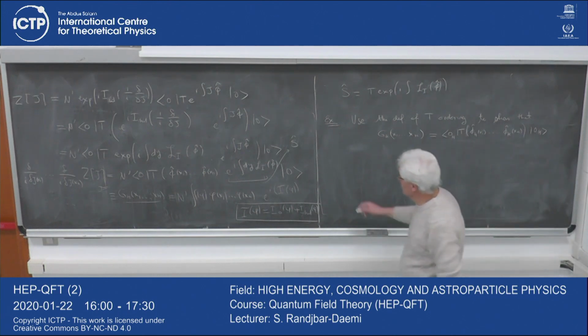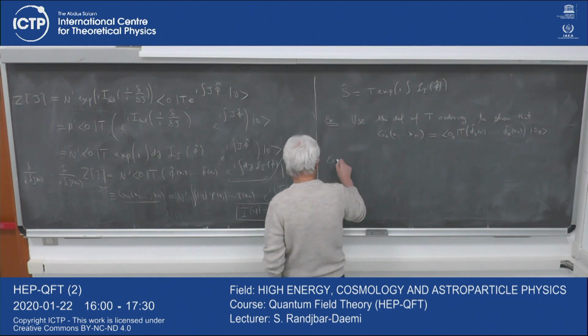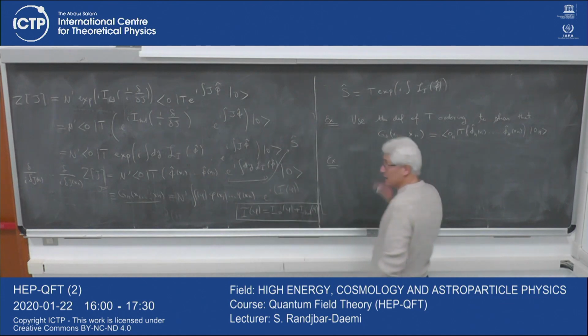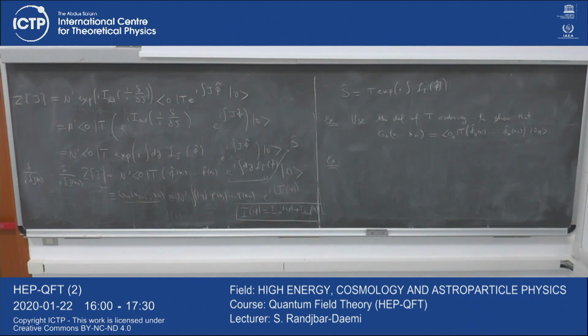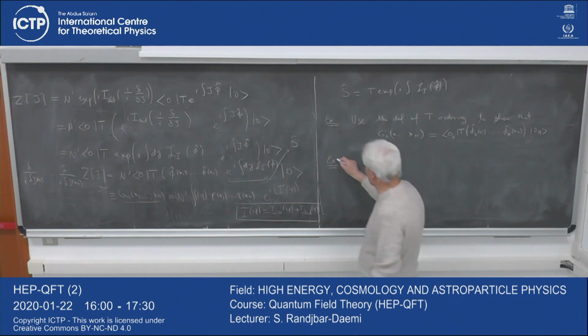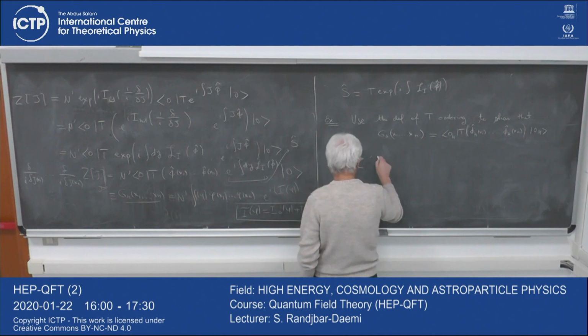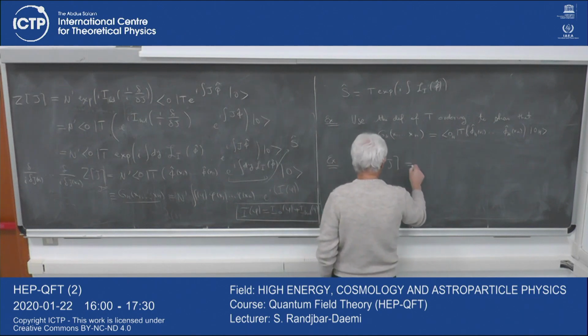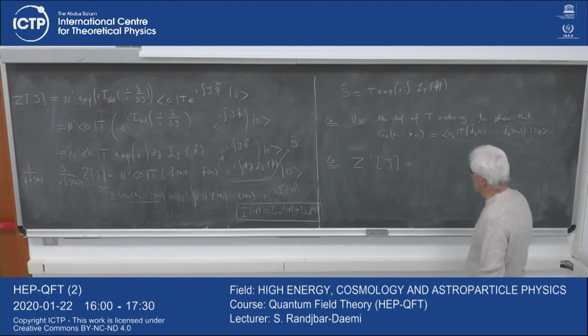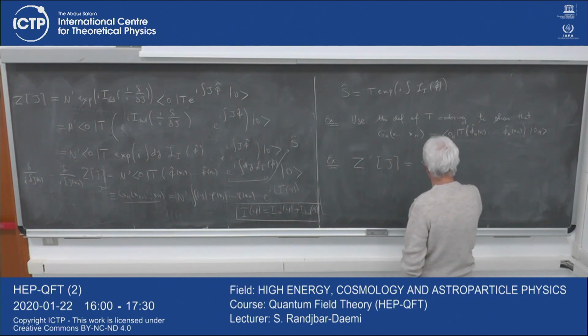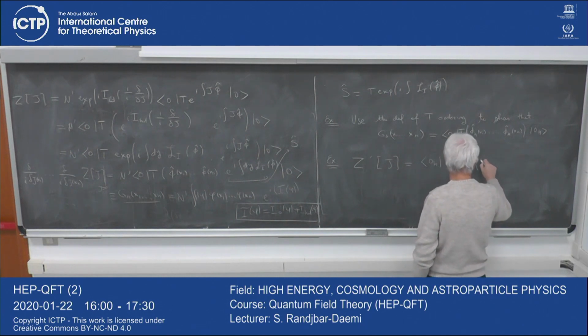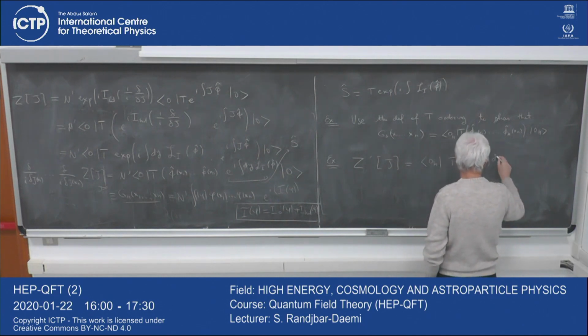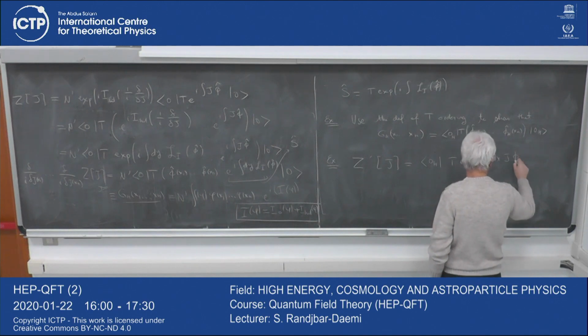The second exercise is the one that will prove the same statement, and which I like more, is this one. Like in the free case, define a function z prime of j as the ground state expectation value of the exponential of the Heisenberg operator times j.